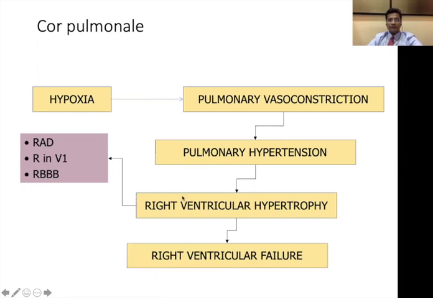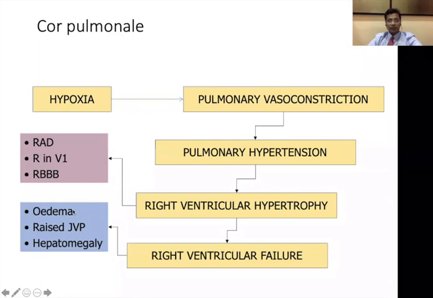Before that happens, right ventricular hypertrophy can be detected on the ECG. There are some ECG features: right axis deviation, positive R wave in V1, and right bundle branch block. And if you do an echocardiogram, again you can detect right ventricular hypertrophy. When there's right ventricular failure, it produces peripheral edema or dependent edema.